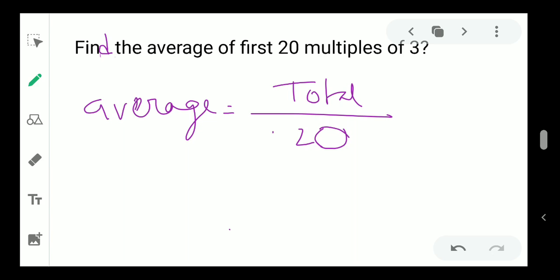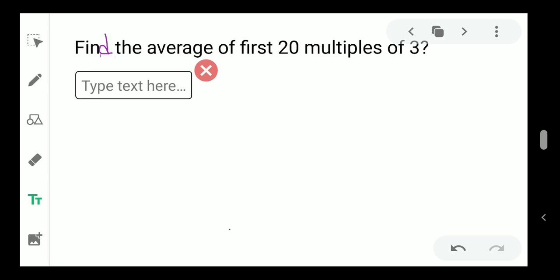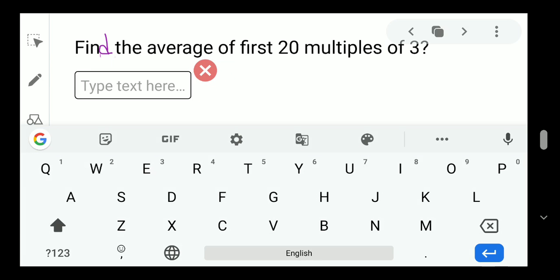Now there is a very nice trick. First, we have to find out the total of the multiples. I am using my keyboard here to write, that will be better.